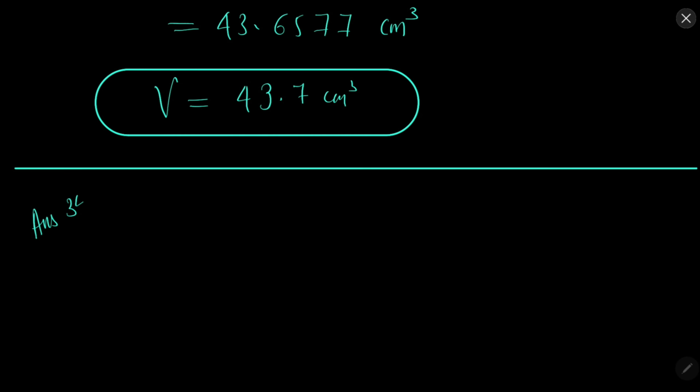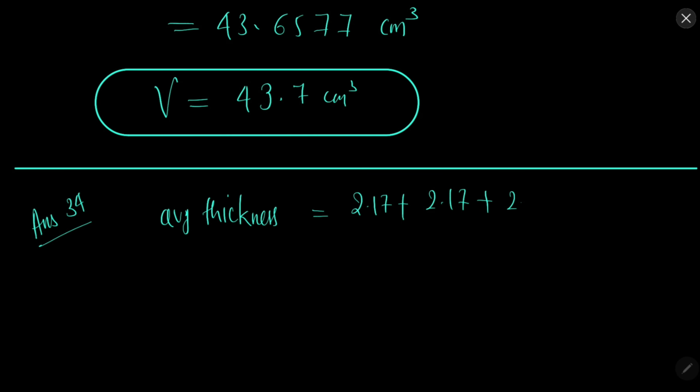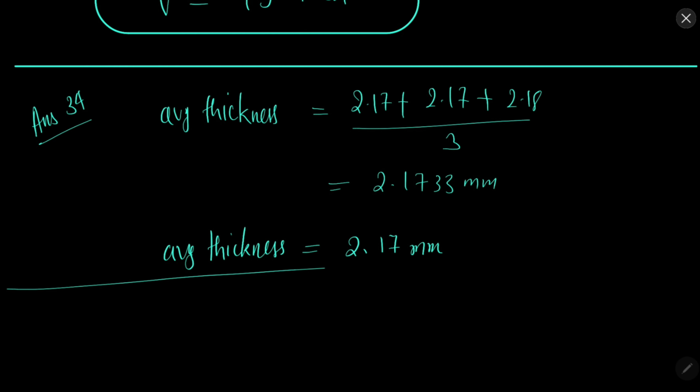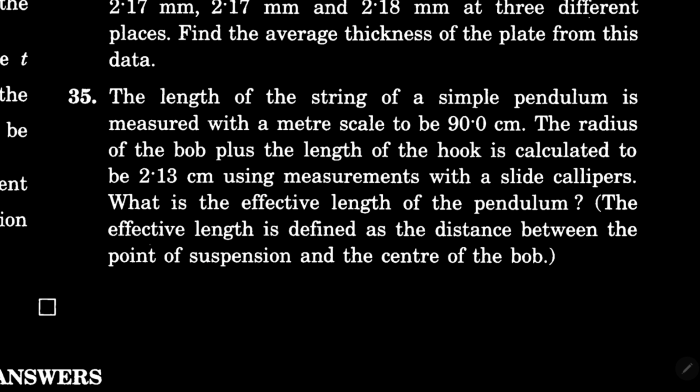So the average thickness is 2.17 plus 2.17 plus 2.18 divided by 3, it will be 2.17333 mm, but we need to round off to 3 digits only. So 2.17 mm.